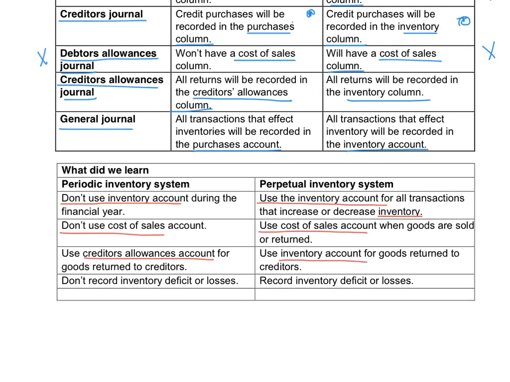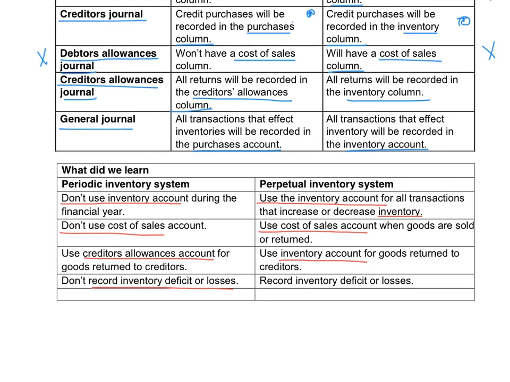Both methods have a creditors allowances journal, but the ledger account for the periodic system will be the creditors allowances account that will actually reduce your purchases, and in the perpetual system you will use your inventory account to show that the total amount of inventory in the business decreased. In the periodic system, you don't record an inventory deficit or any losses as a result of fire or burglary, damaged goods, whatever.